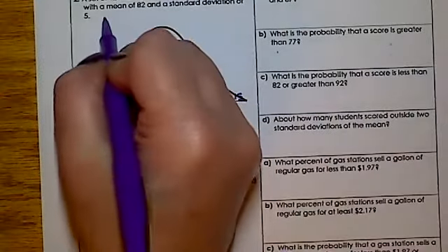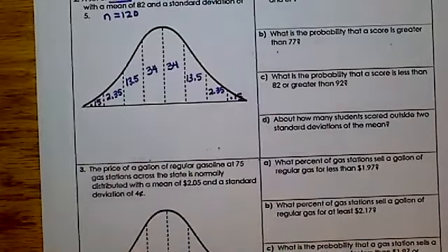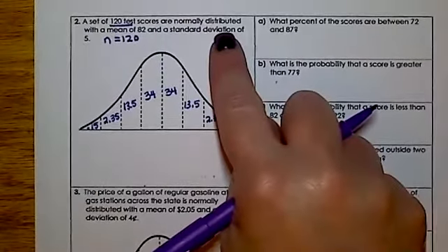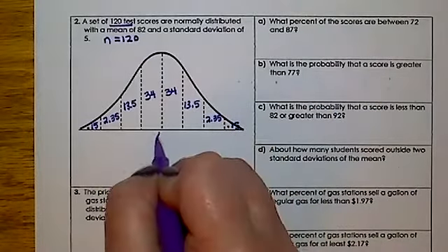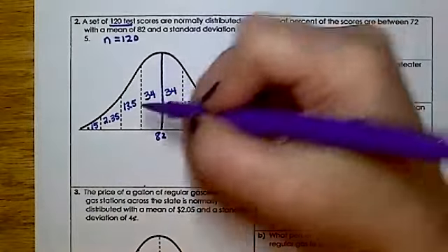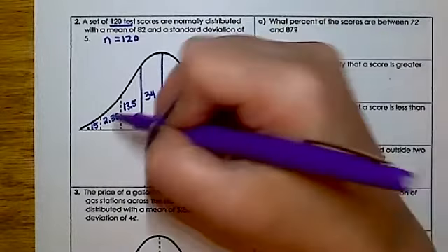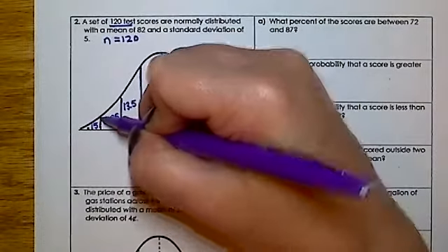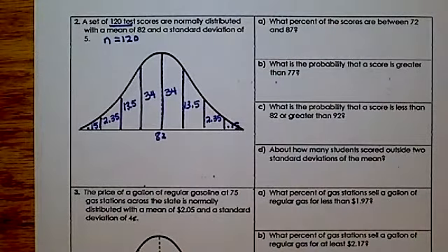Okay, we have 120 test scores. That's my N. It's normally distributed. We have a mean of 82. The mean goes in the middle for your average. The standard deviation, I would go ahead and connect those as you're going and putting the numbers underneath, just because it might help you divide out that.